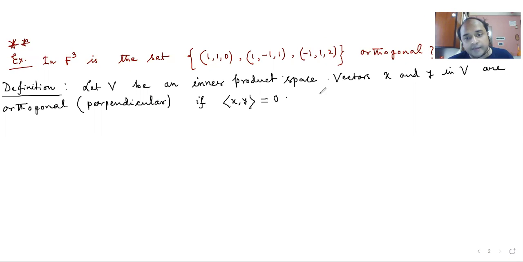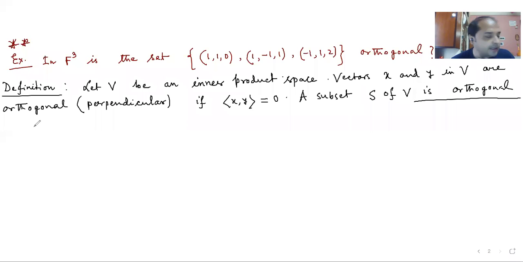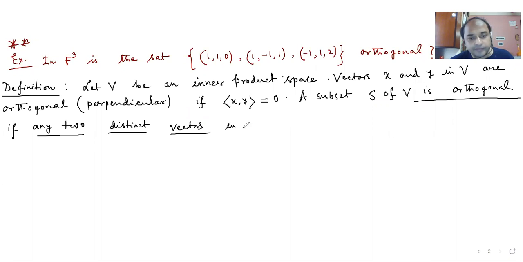A subset S of V is orthogonal if any two distinct vectors in S are orthogonal.